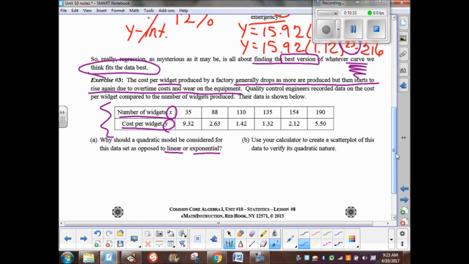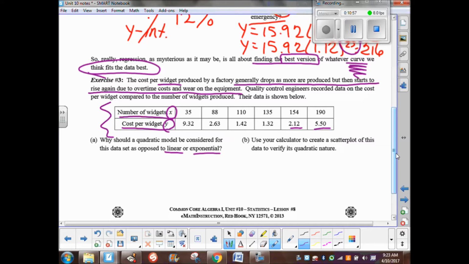Just think about the words that we underlined there, and then take a look at what's happening with the data. Okay, the X's are definitely increasing, right? And then look what's happening to the Y's. They're decreasing, but then they start to go back up.